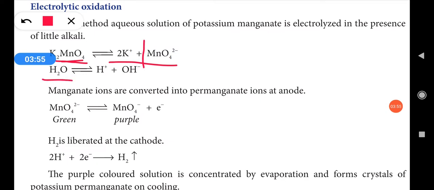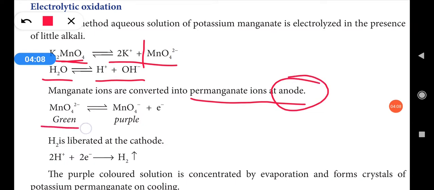Water splits into H plus ion and OH minus ion. Then manganate ions are converted into permanganate ions at the anode. At the anode, manganate ion, which is green in color, is oxidized to permanganate ion, which is purple in color.